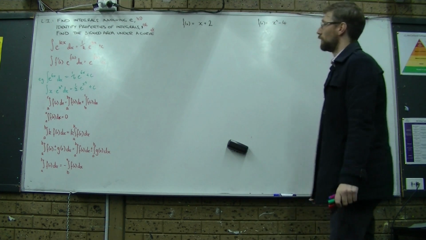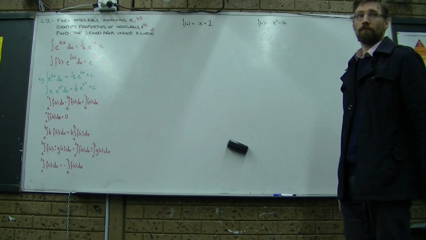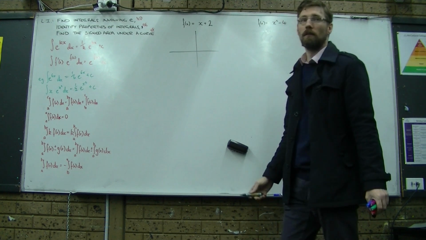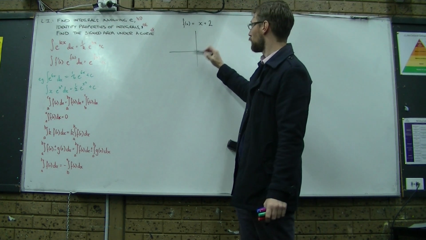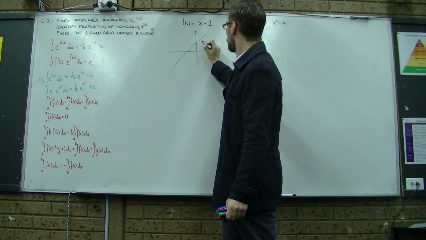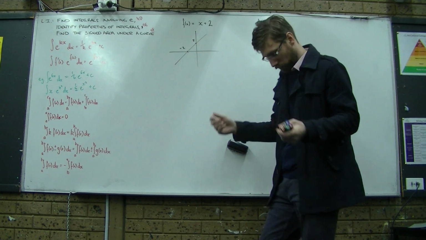Cool. The real crux of today is finding signed areas under a curve. I have this curve. It's not very curvy. What does it look like? Through y equals... okay, y-intercept of 2 and x-intercept -2. So we've got 2 here, -2 there. Brilliant.